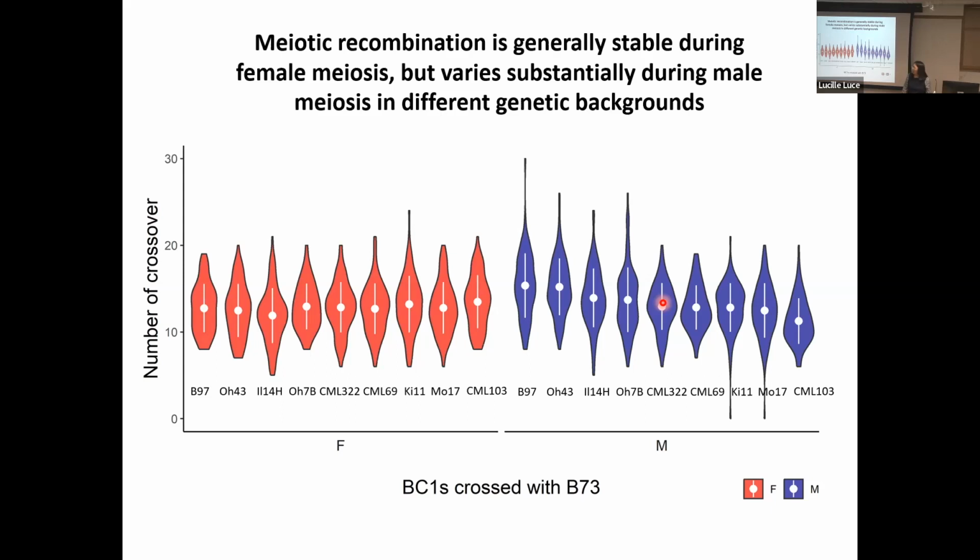When we have all of these different types of data, I think we may have a better idea why female is so stable and male varies, and what kind of parameters is the most important. We don't have too much idea right now. Thank you for your question. Thank you for pointing this out.